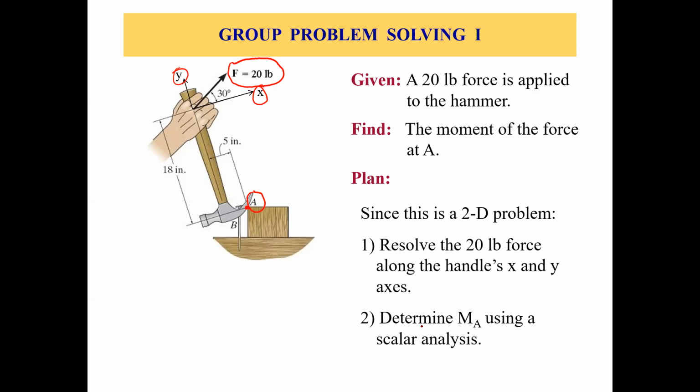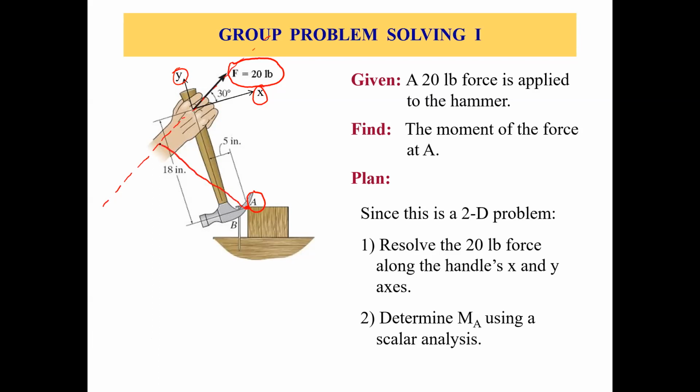So this is the x-axis and y-axis, and we'll find Fx and Fy, because again, we do not have this distance. Let's say this is the line of action of the force, and this is point A. So what is the perpendicular distance?